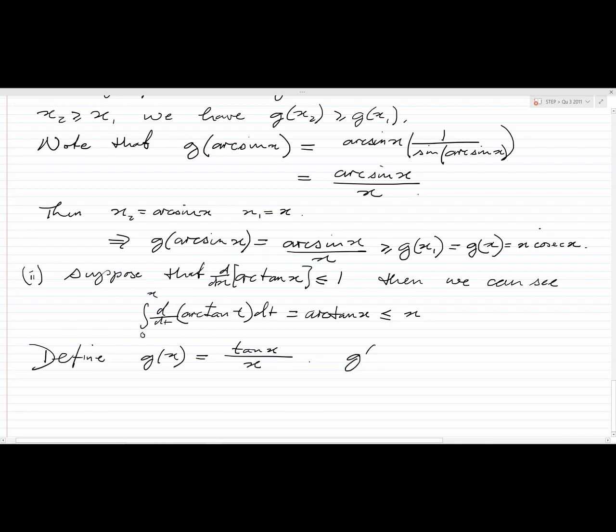So if we see g of arctan x, obviously we're going to get tan of arctan x, which will just give us x, because arctan will be undone by the tan. And then at the bottom, we will indeed get arctan x. Now, how does this help us?